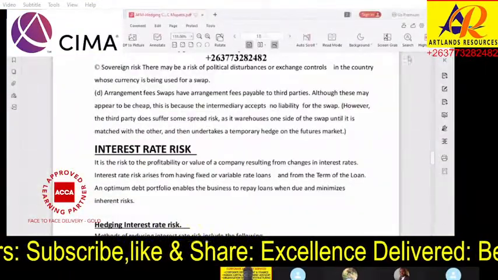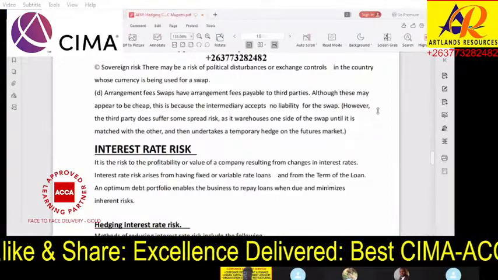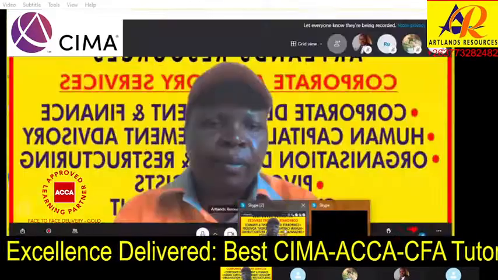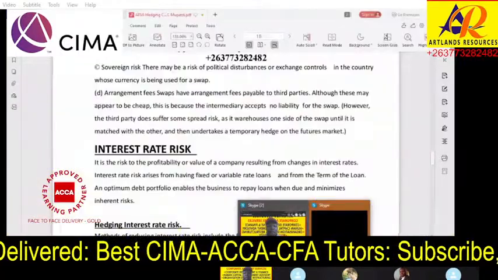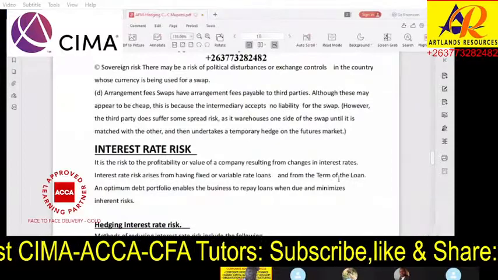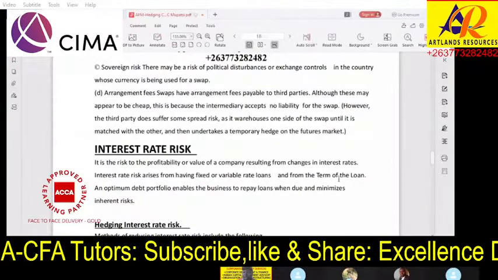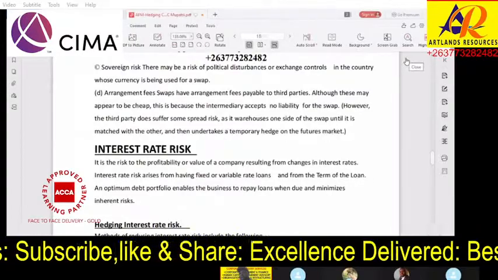Right. So it's just a continuation from where we left. Interest rate risk affects the cash flows that the company will pay when it comes to interest.